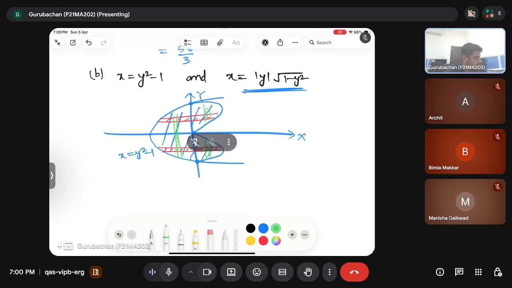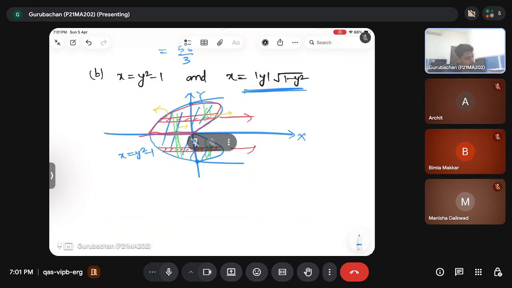If you observe that it is symmetric about the x-axis, then if you calculate this area, you don't need to calculate the other area. In case of a vertical strip, you need to calculate it two times, this one and this one. But while taking the horizontal strip, you need to calculate only one integration. So it's quite obvious, we go with the one integration.